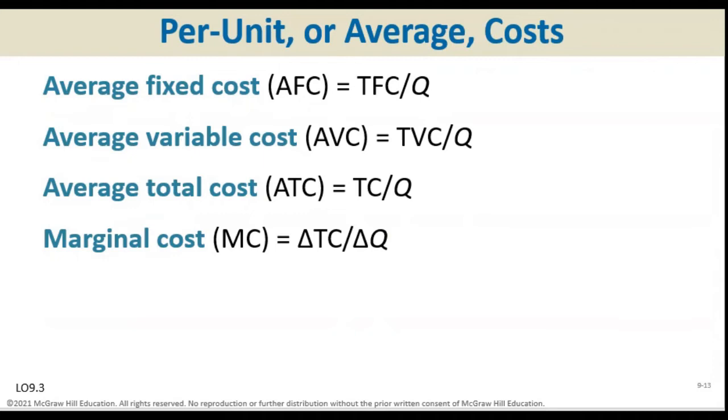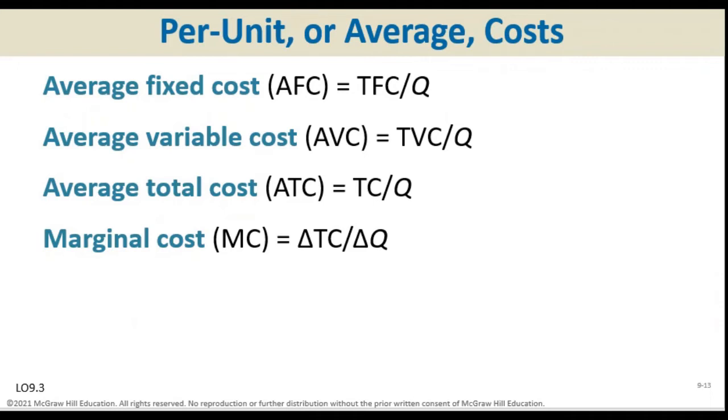So the average fixed cost reflects the fixed cost per unit produced, whereas the average variable cost reflects the variable cost per unit of output produced. The average total cost can also be found by adding the average fixed cost to the average variable cost.